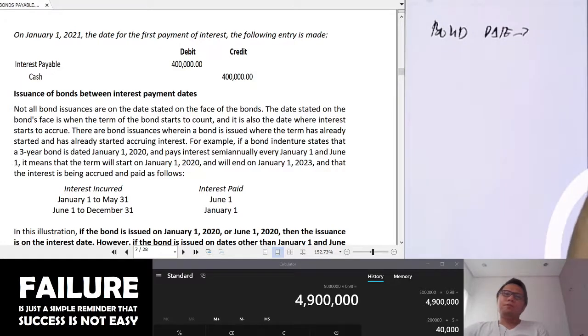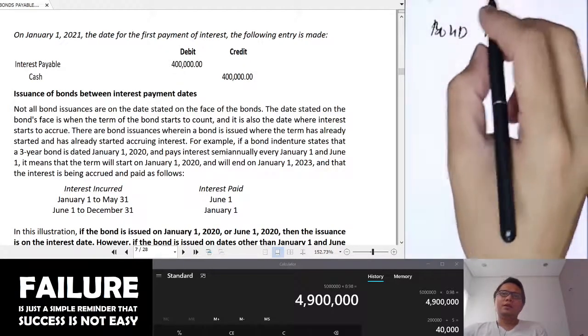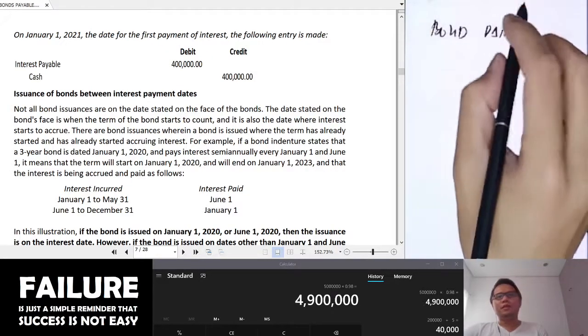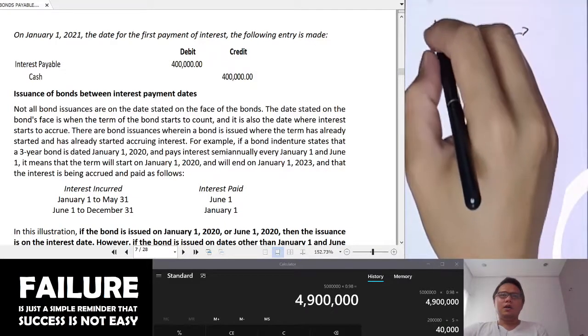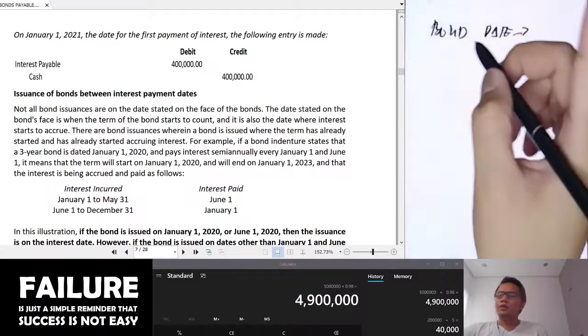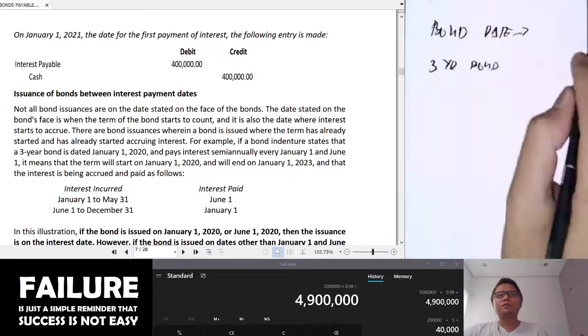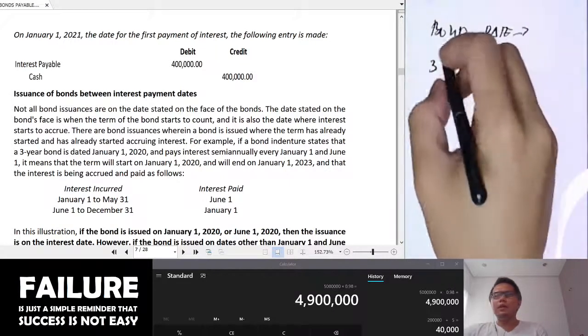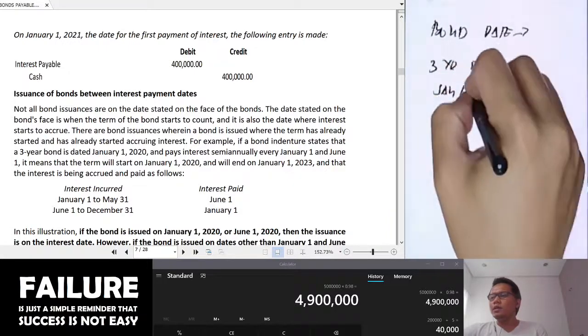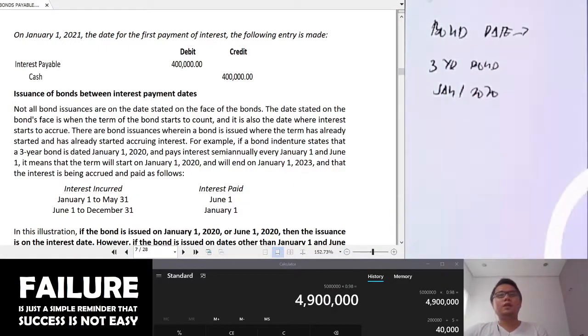So, example lang, in this given illustration, we have a 3-year bond, which is dated, or the bond date is January 1, 2020.